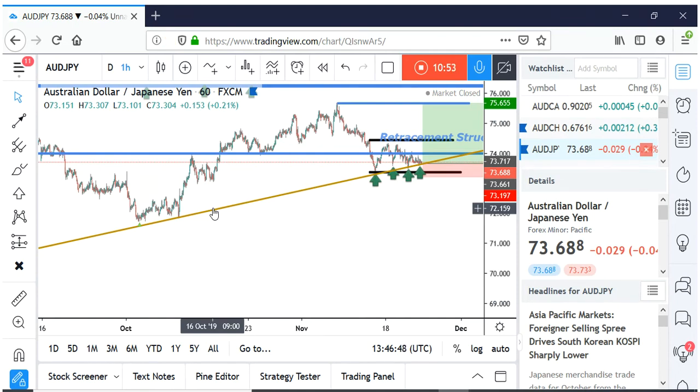So a lot of people are in this buy trade. They decide to take the profit here, and once they've done that, the market has moved in the opposite direction.